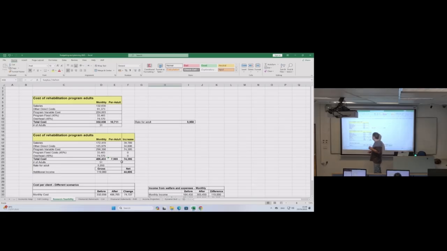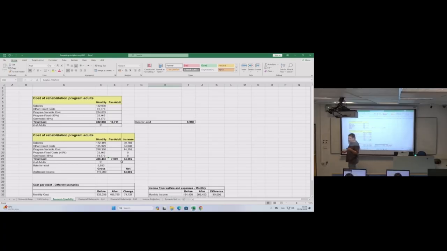Now if we want to calculate the cost per client, we have to divide 406 by 51, and we get approximately 8,000 shekel per client. Much less, you can see. And we'll talk about it. Now, still based on full costing, it seems not economical.